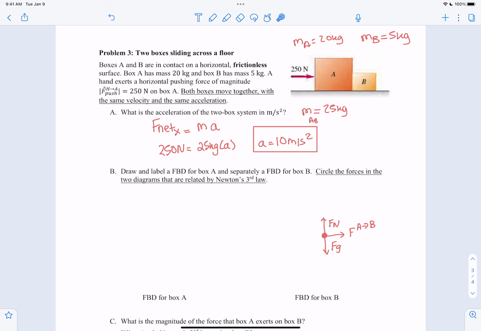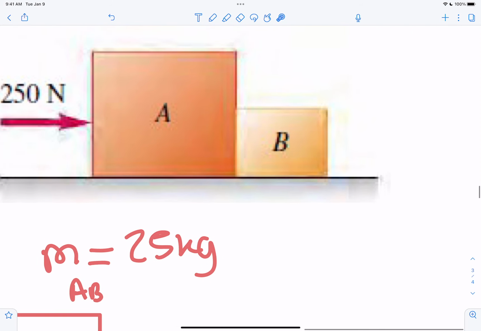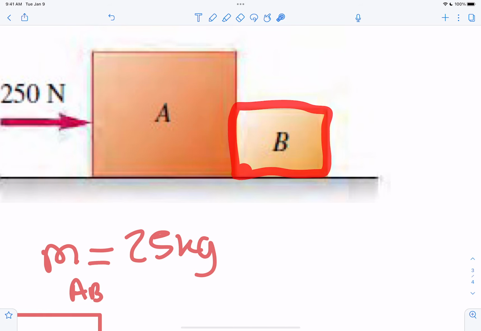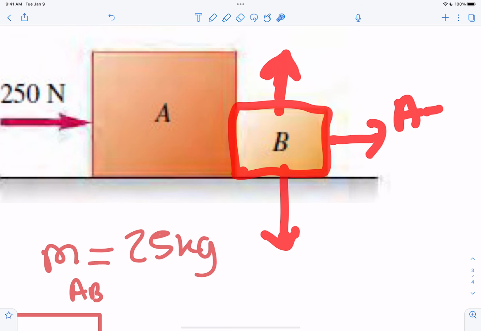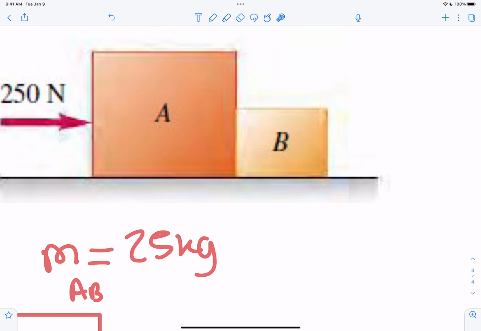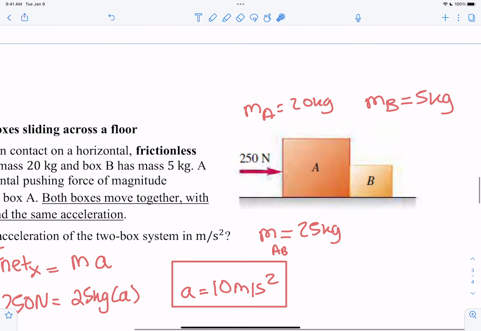The way I like to think about this, and I understood this after the fact, is I look at what each box is feeling. What is this box feeling alone? It's feeling gravity. It's feeling normal force. This is from the earth, from the floor, right? And then it's feeling A on B. That's what it's feeling, not what it's exerting. It's only what it's feeling, right?